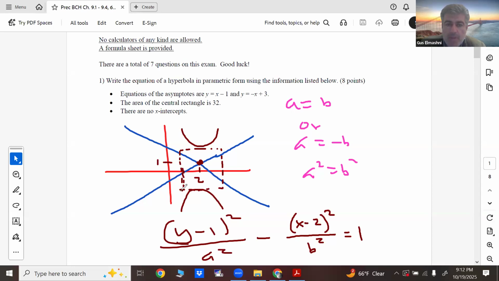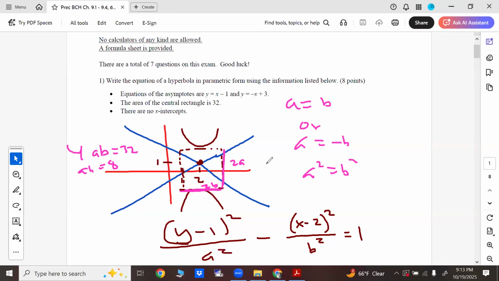Also, we know that this is 2B. That's 2A. So the area would be 4AB, which equals 32. So AB equals 8.